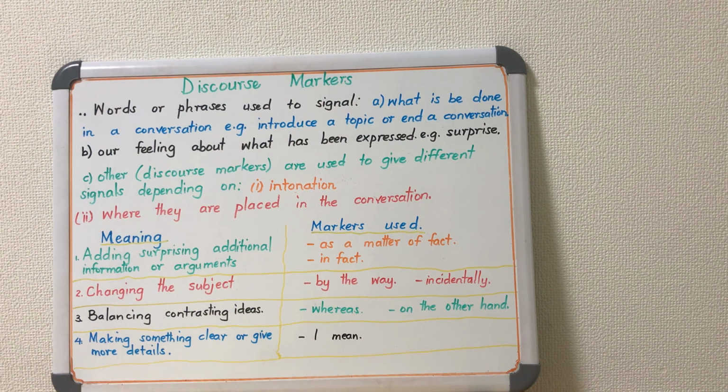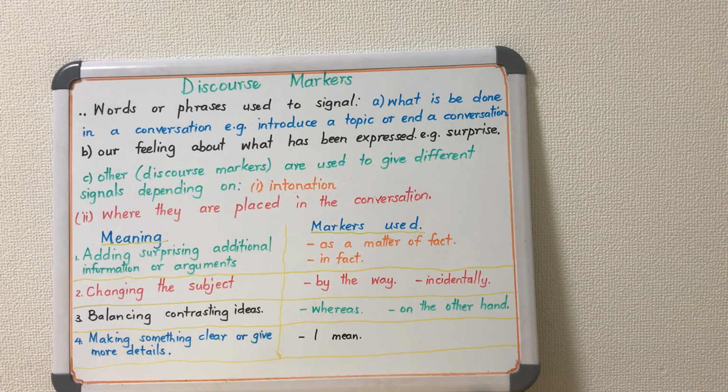It means the subject or the line that you were following in an argument, you are changing that course. By the way, and incidentally, those are used when you're changing the subject.